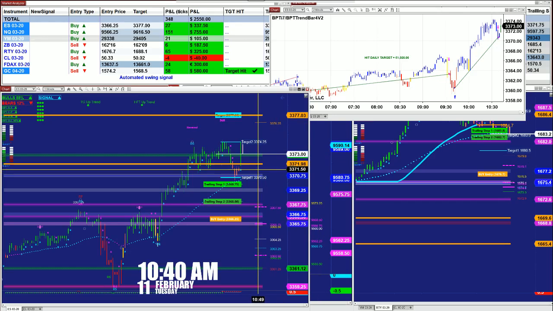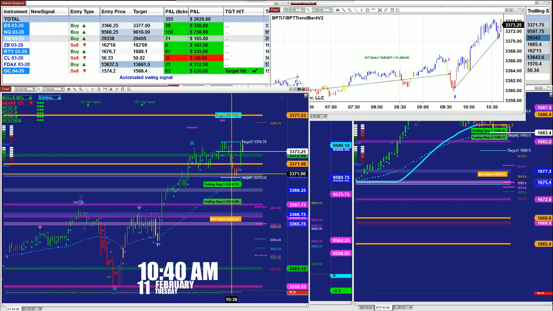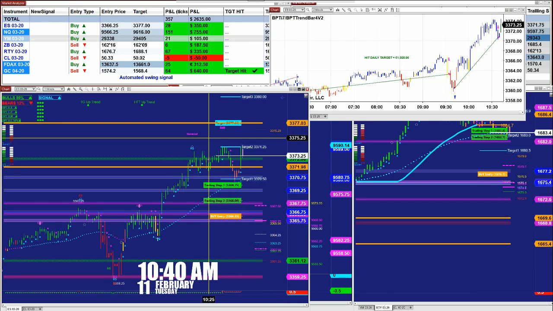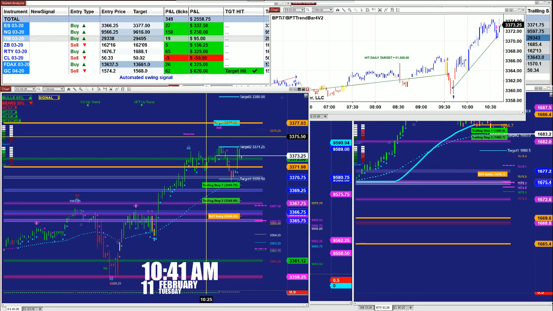You hit target 1, you hit target 2, profit taking goes back to target 1, and then goes back retesting target 2, and then this market can monkey us around for another half an hour, and there is no direction anymore. It's finished, and it's going to get tighter and tighter and tighter.